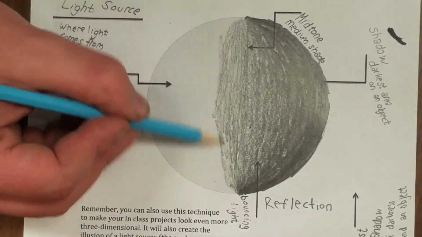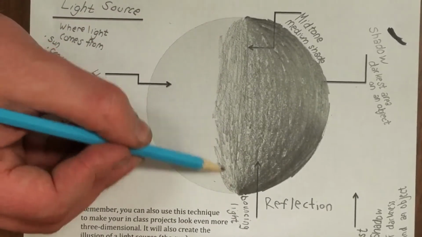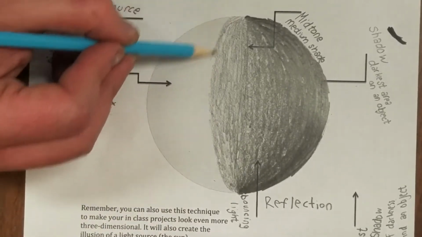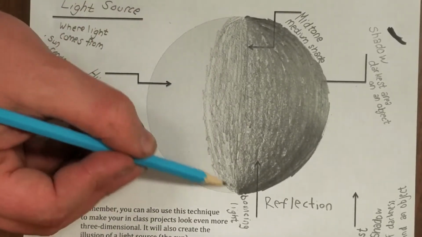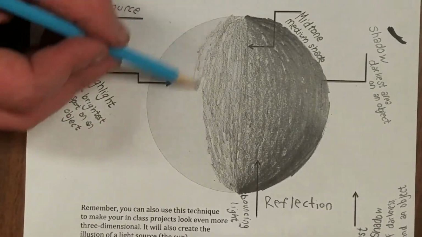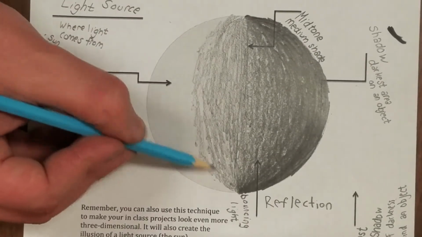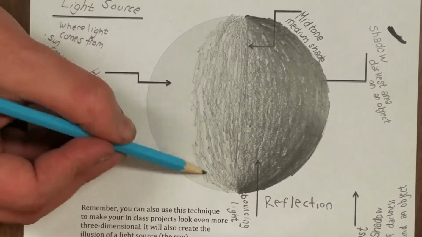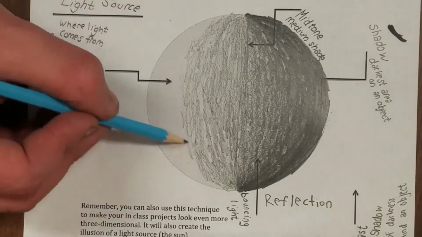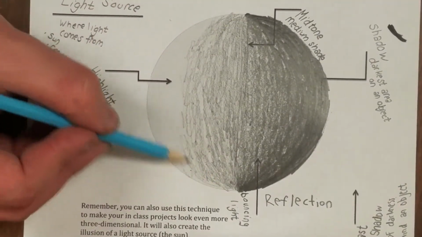You don't have to use a lot of pressure now. Not nearly as firm as you were when you were doing the shadow and the midtone. And now we're past the midtone. We're heading towards the highlight. My lines are starting to get more curvy. They're getting lighter still.